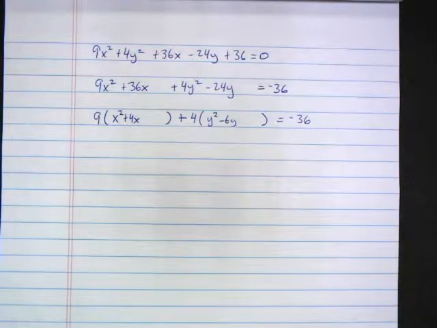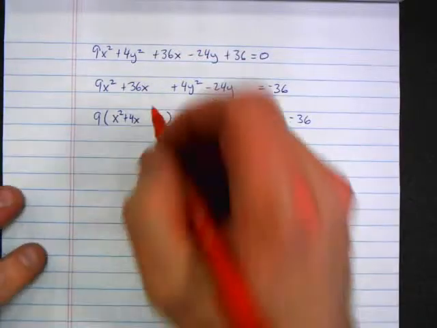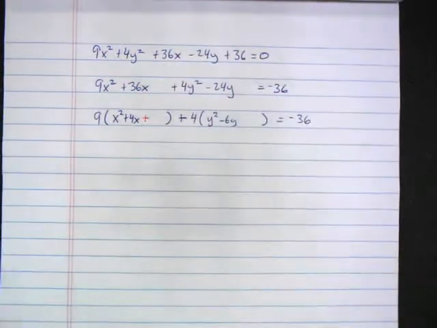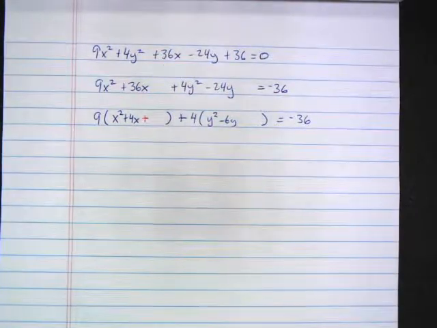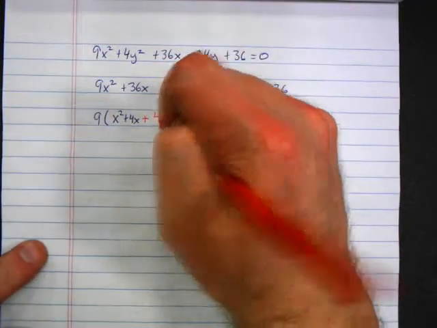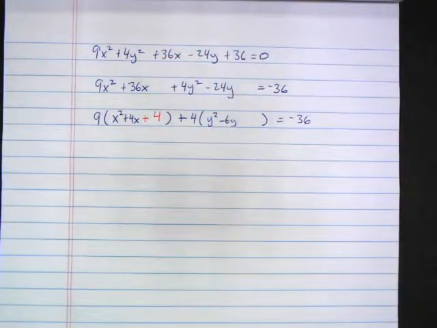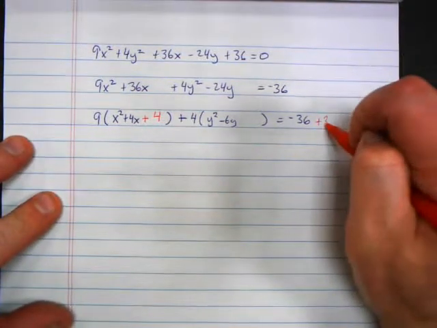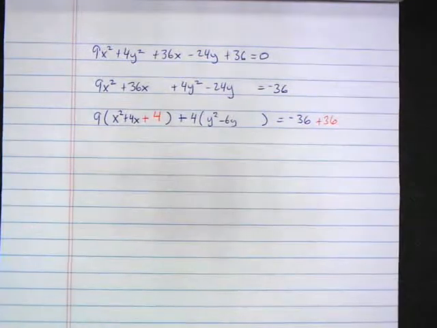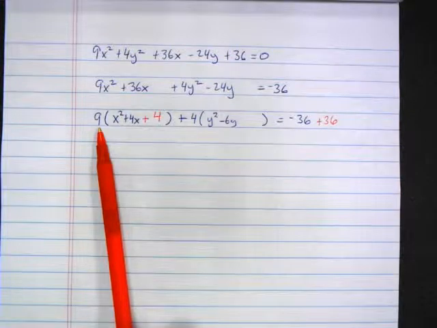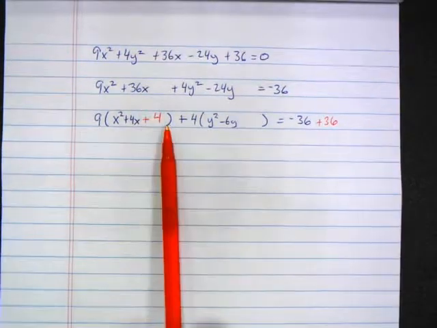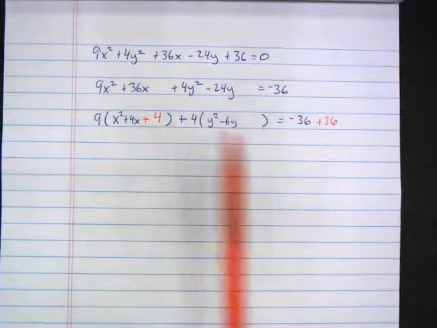Okay, so now I can put in my magic number. What's my magic number for the x's? 4. If I do a plus 4 on the left-hand side, I have to do a plus 36 on the other side. Most people would say a plus 4. Why is it a plus 36? Because it's inside that bracket, isn't it? I really did 9 times 4, which is 36 over here. Same thing with this one.